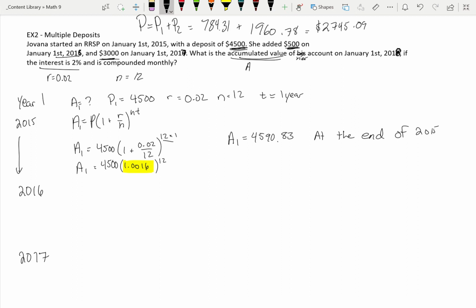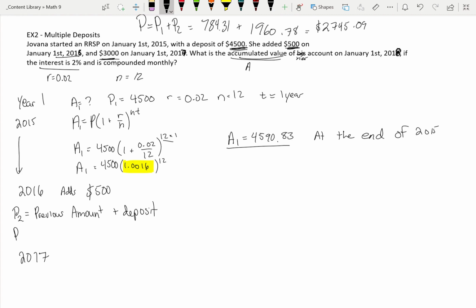Well, in 2016, she adds $500. Now, normally, this we could make our new principal and keep going. The whole idea of compound interest is I should be able to just calculate the total amount. But instead, I'm going to think of a principal 2 as the previous amount plus deposit.